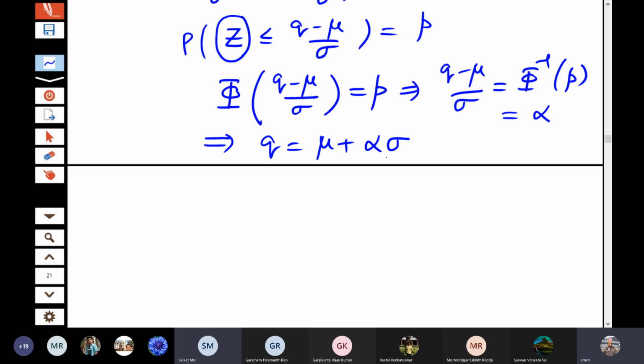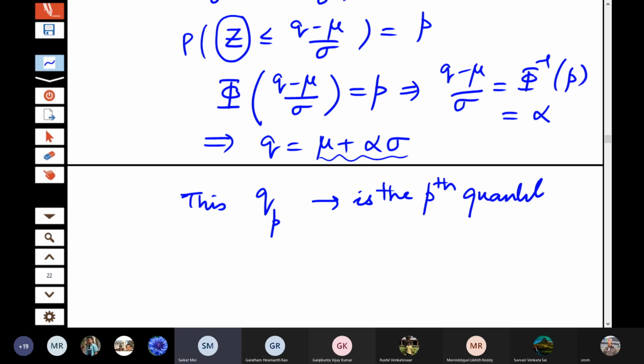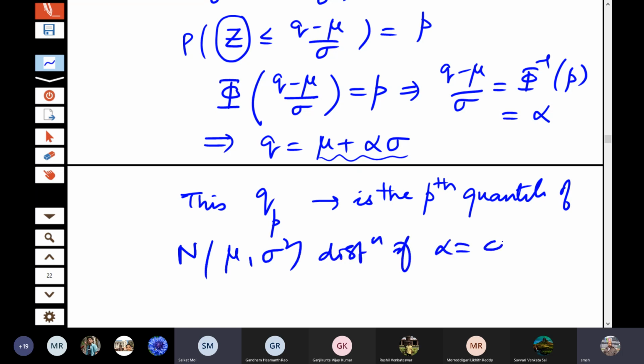So mu minus sigma, mu plus sigma, mu minus 2 sigma, mu plus 3 sigma are all part of such a problem where alpha can take different values. In particular, if alpha is equal to phi inverse p, this q, I will write it as qp, is the pth quantile of the normal mu sigma square distribution.